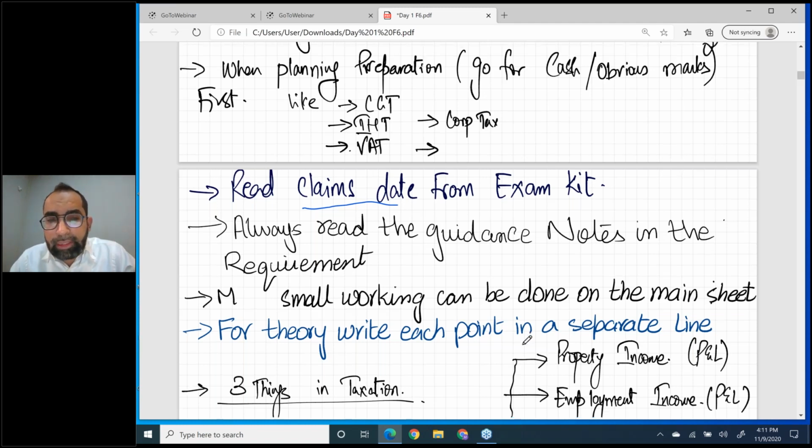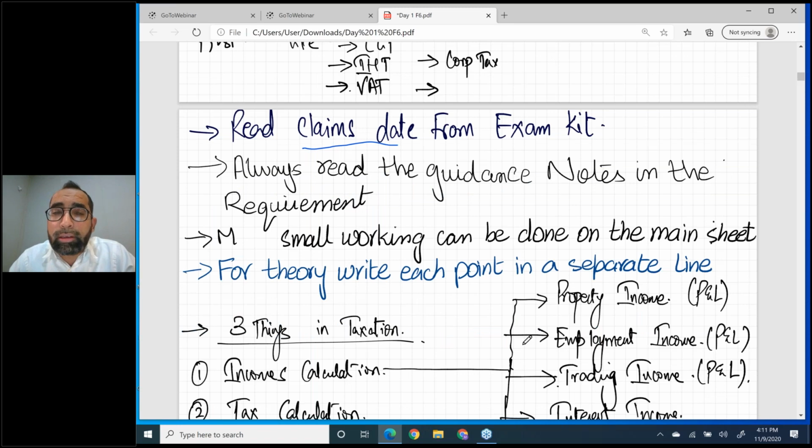Now then, these wordings, the last 3 lines, are from your examiner report. Always read the guidance notes in the requirement. Hold and think over it. You know, in the last 40 marks, sometimes you have to do a journey from accounting net profit to tax adjusted trading profit.